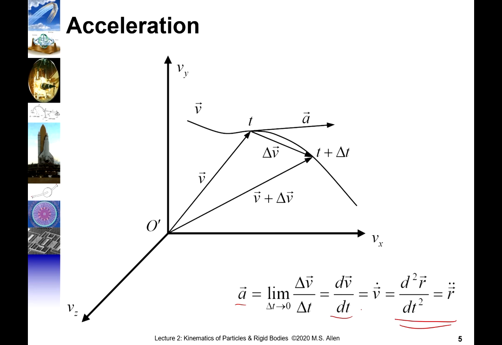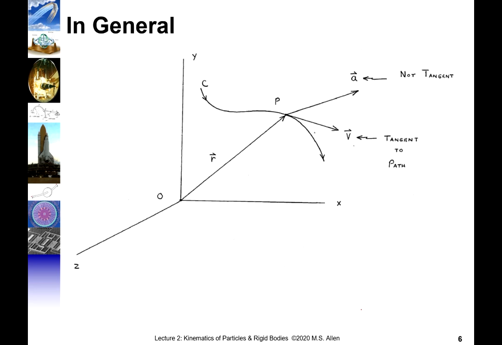All right, so that all seems pretty straightforward. And so in general, everything is summarized here. We have a position vector, we have a velocity vector, and the velocity is tangent to the path. It's also contained in a plane that includes r and r plus delta r.